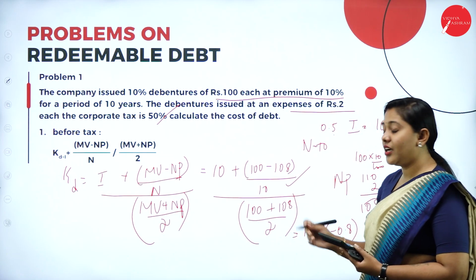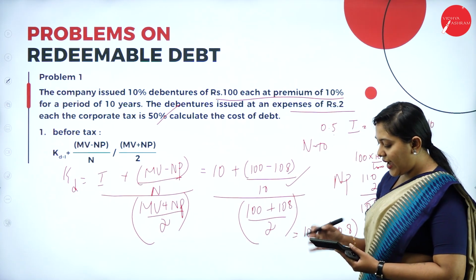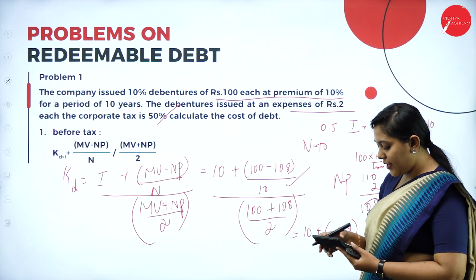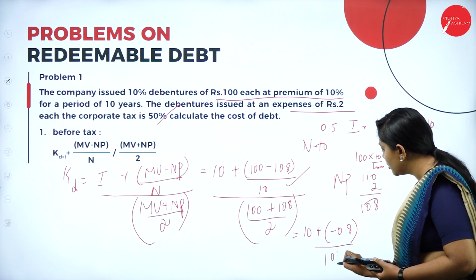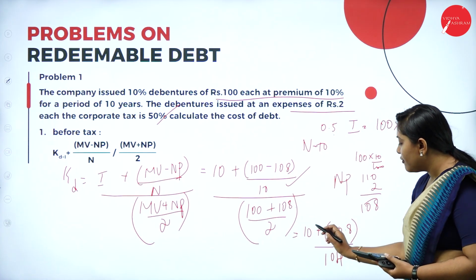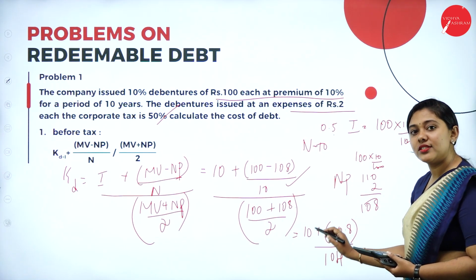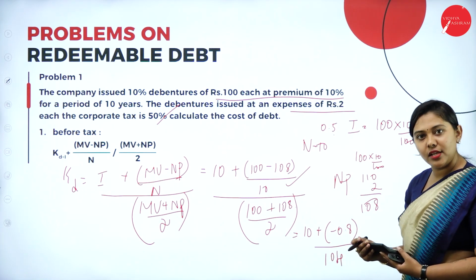Now let's calculate the denominator. So 100 plus 108 divided by 2. The value will be 104. So now let's add the number. First, we'll add it with the interest and then divide it by the denominator number.